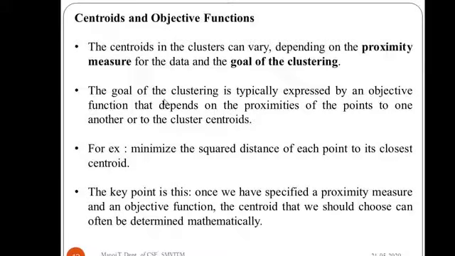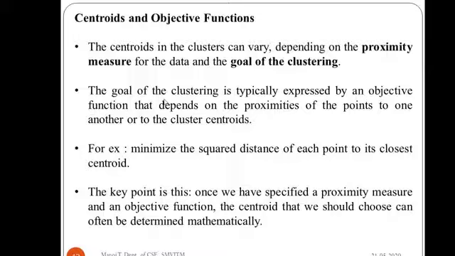Next we will see the centroids and the objective functions which we are going to define based on this. Centroids in the clusters can vary depending on the proximity measure for the data and the goal of the clustering, because the goal of the clustering depends upon what kind of data you are analyzing and what ultimate result you want.